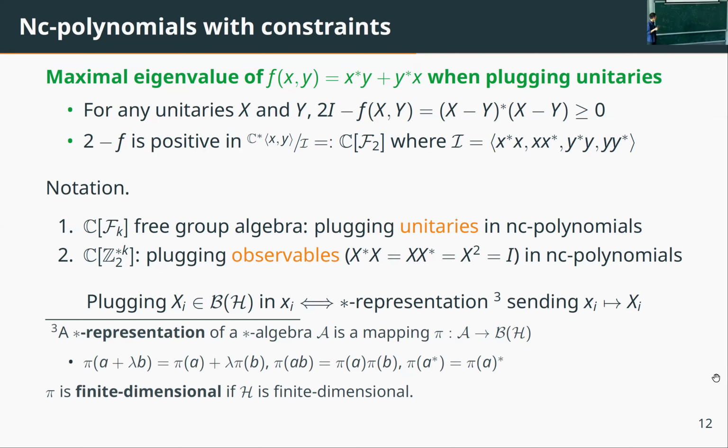And we say this representation is finite dimensional if the space H is finite dimensional. Here, B of H is the set of bounded operators acting on H. When H is finite dimensional, you can think of this as a set of matrices. So the punchline is that when you plug matrices capital Xi into your variables little xi, you define a finite dimensional representation sending little xi to capital Xi. This is just a more mathematical way to talk about plugging operators into your polynomials.